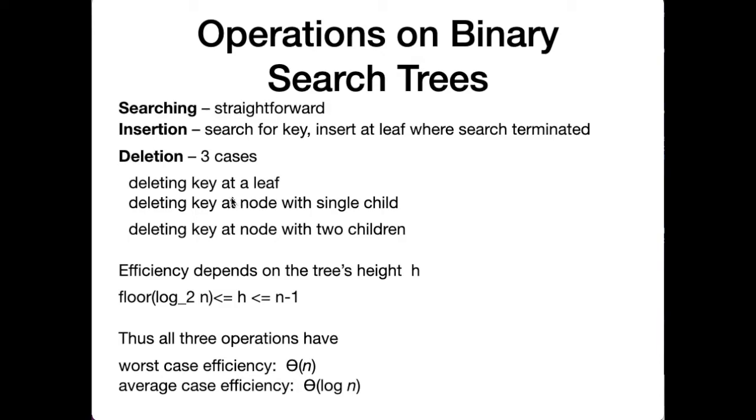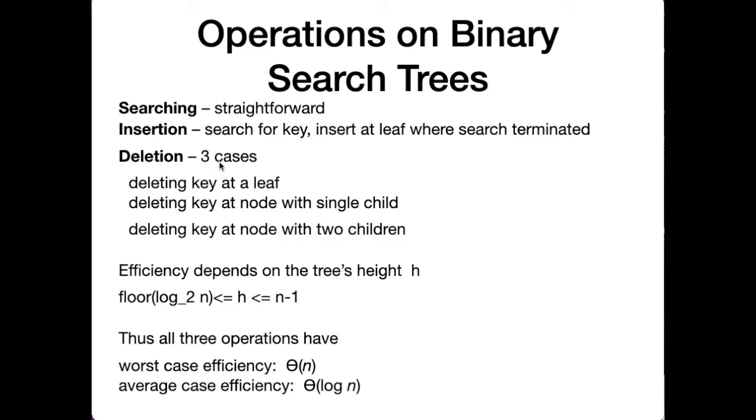So for deletion, the easiest type of deletion is deleting key at a leaf node because walang anak si leaf na kailangan mong ipamana sa other nodes. If you will delete a key na may single node, you need to have a way how to have a new parent for the now orphaned child, and ganun din with 2 children.